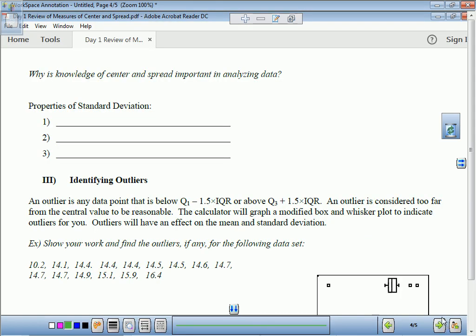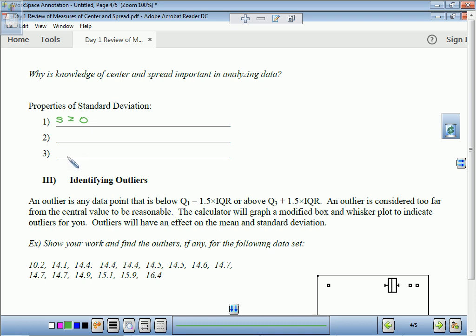Okay, so let's look at properties of standard deviation. When we look at standard deviation, it tells us how the data deviates from the mean. So the standard deviation is always going to be greater than or equal to 0. The only time it will equal 0, guys, is if every piece of data is the exact same number. So if every piece of data was the number 3, is there any differentiation from the mean?